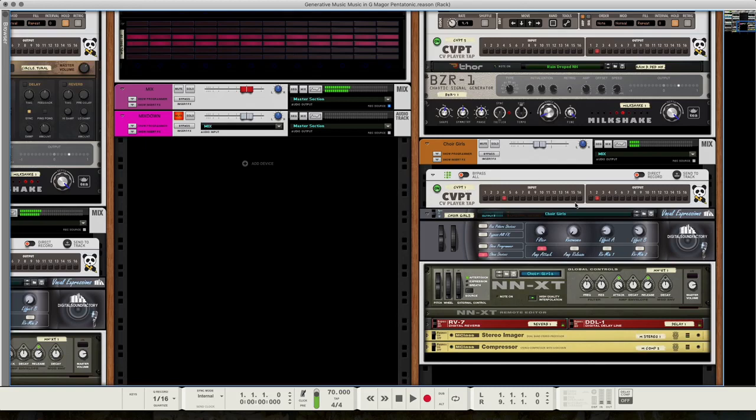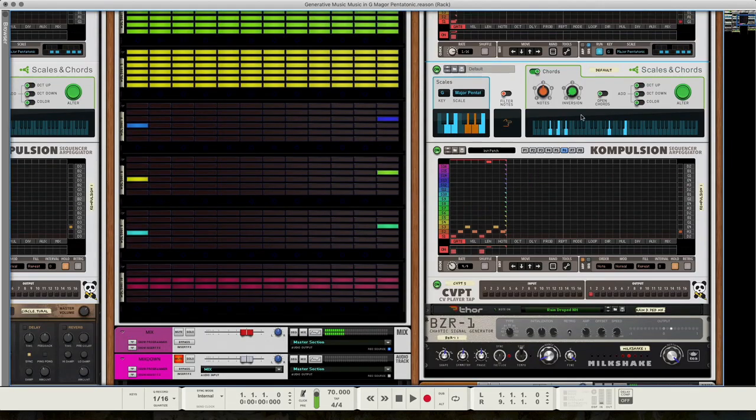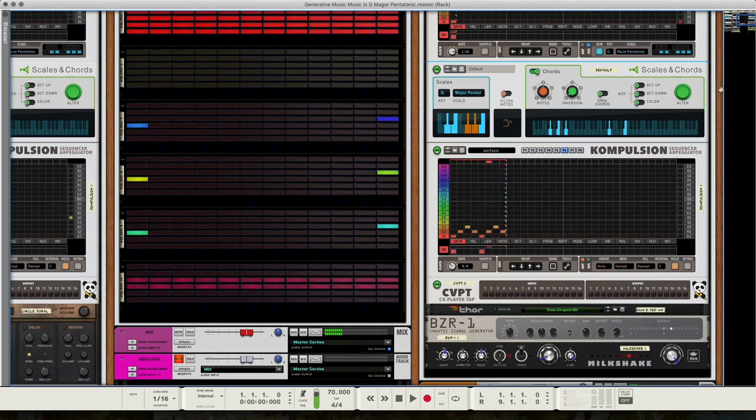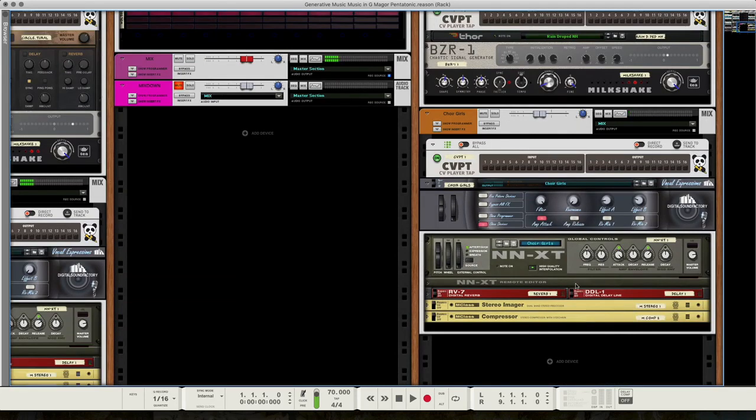Okay, finally we've got this other choir, which is extremely similar to the other one, where through this player tap, information from this particular arpeggiator is being fed into this choir here.